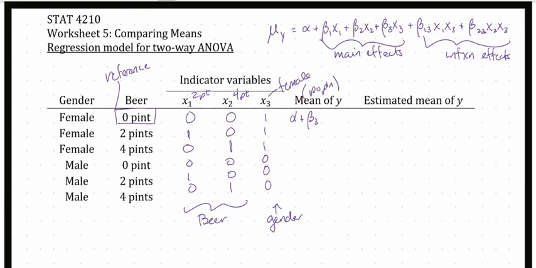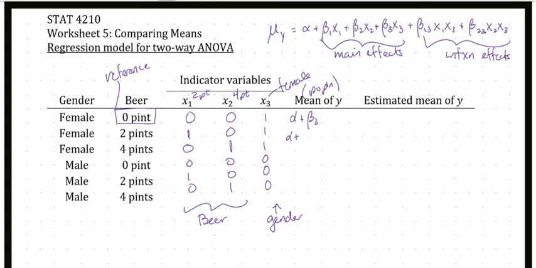Let's do the same thing for females who have 2 pints. We're just going to plug in these values of x1, x2, and x3 into this population model. So we start off with alpha plus, now x1 and x3 are equal to 1.